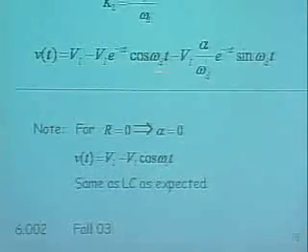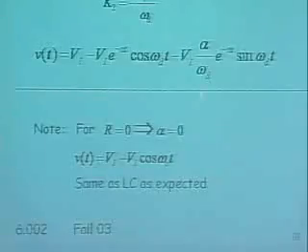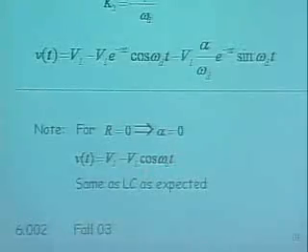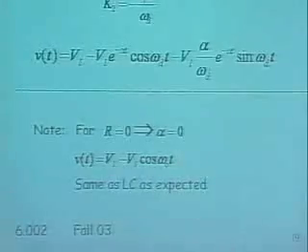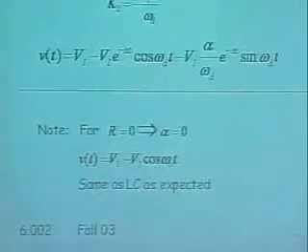And omega d now ends up becoming omega naught. And I get this term here. I get VI minus VI cosine omega t, which is exactly what I expected in my equation. So this is the same as the LC case that I got.